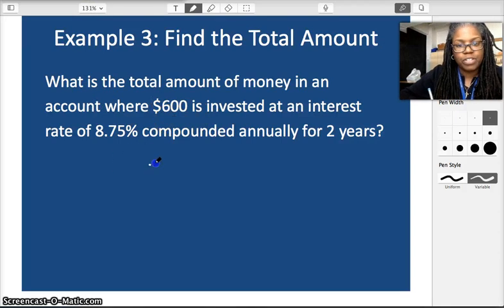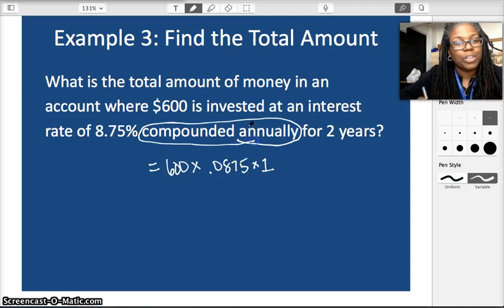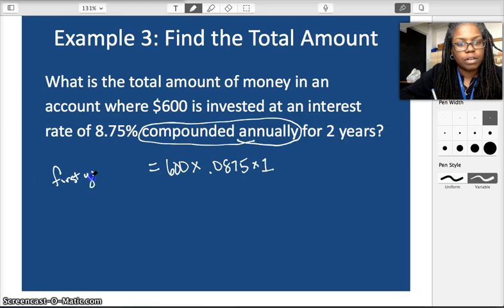So I'm going to start off with our simple interest formula of 600, the principal, times the interest rate, 0.0875, times the year. But I'm going to leave off the year part, and I'm just going to do it for 1 year. Since it's going to be compounded annually, after every year we're technically going to have a new principal amount. So this is for the first year.